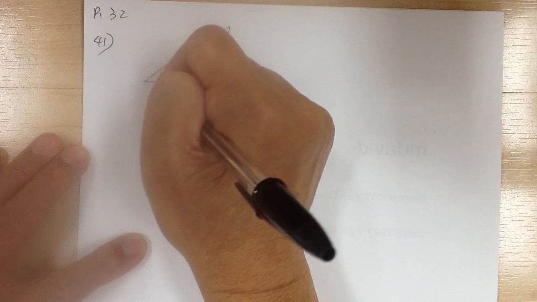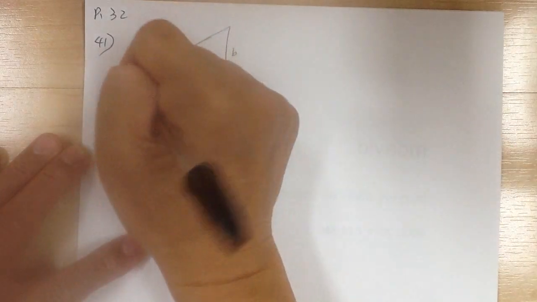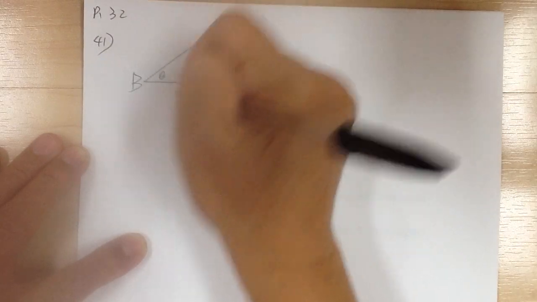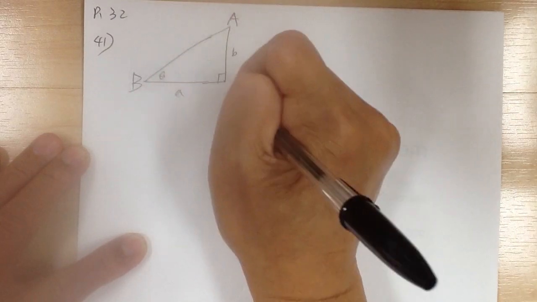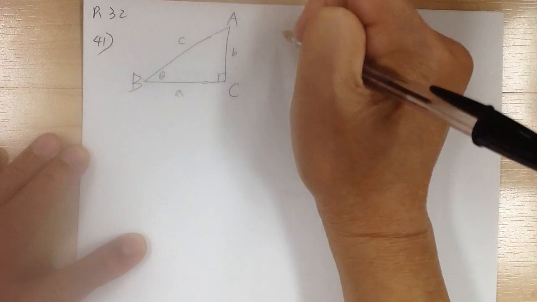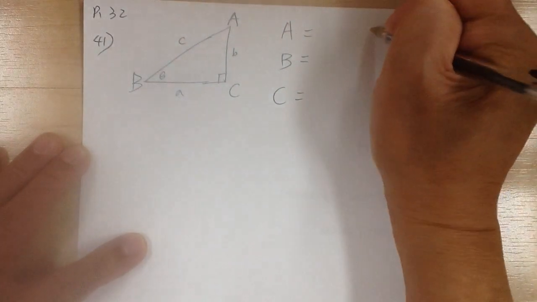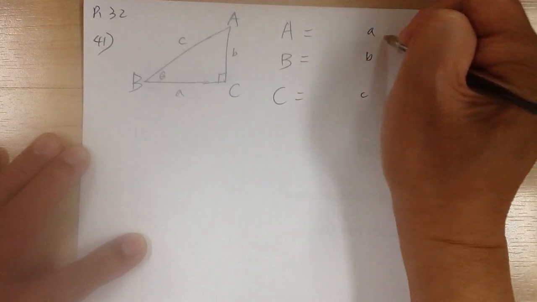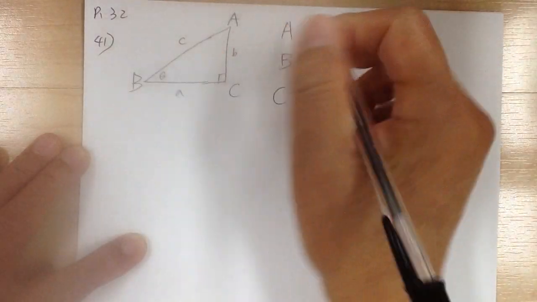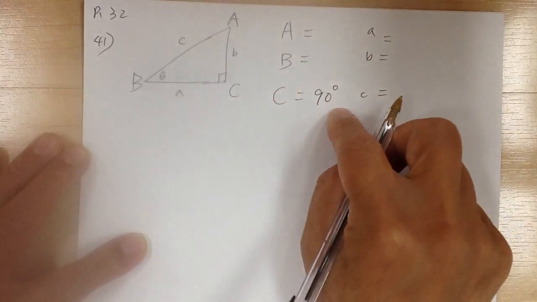Again, the picture. In this case, if this is B, there would be a B over here. The small a is always facing the capital A. To solve the triangle means you're looking for all three angles and all three sides. This is a right triangle, so right away we know angle C is 90 degrees.